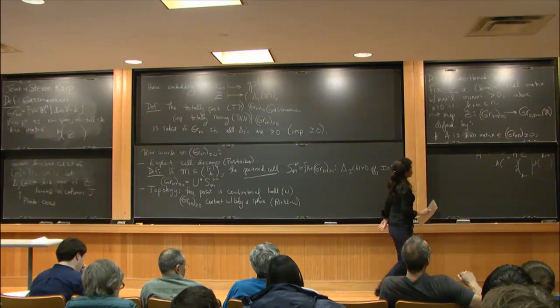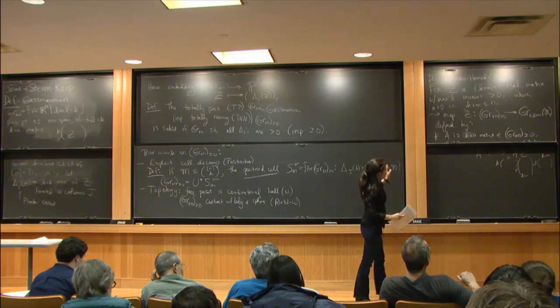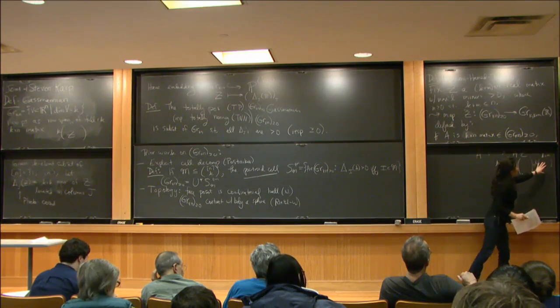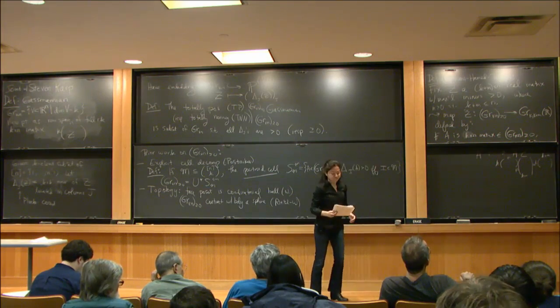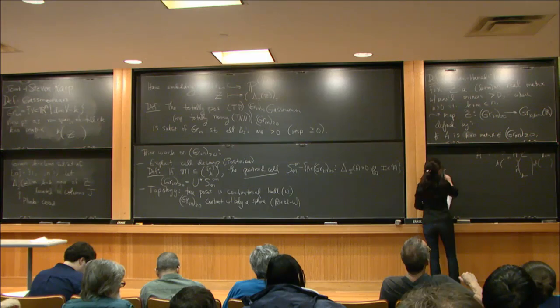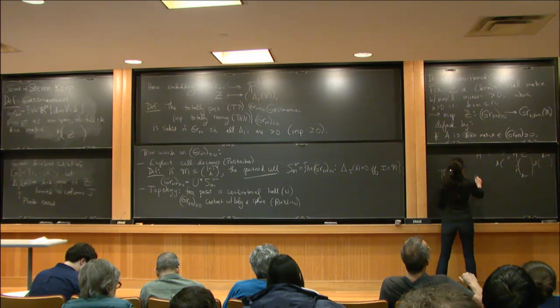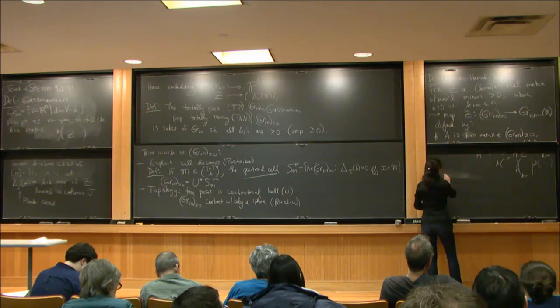I should say you have to show that this map is well defined, namely this matrix has full rank, and that uses the positivity of the minors of Z. And maybe just one more piece of notation.